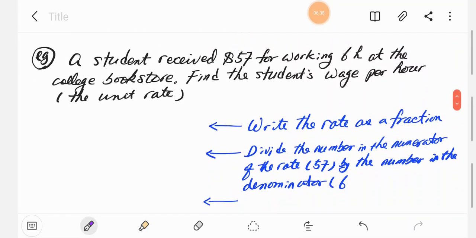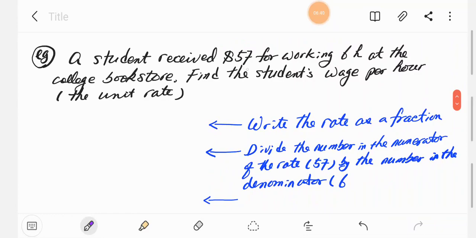Here a student received $57 for working 6 hours at the college bookstore. Find the student's wage per hour. Per hour means we have to change this into a unit rate. First write this rate as a fraction: $57 per 6 hours.